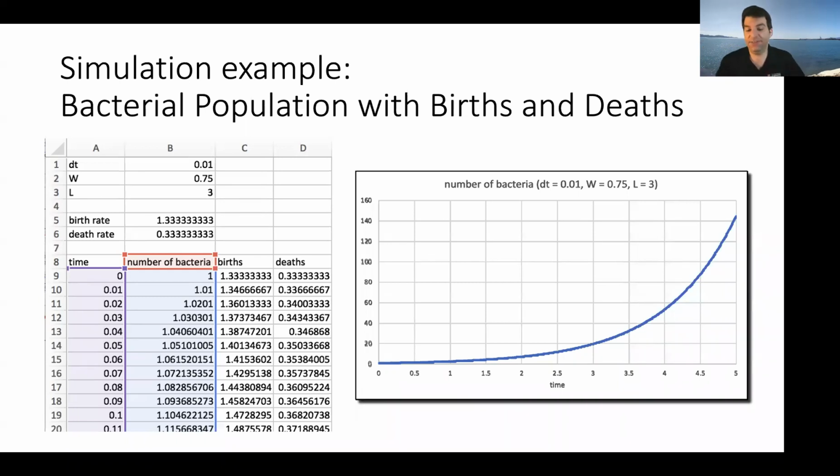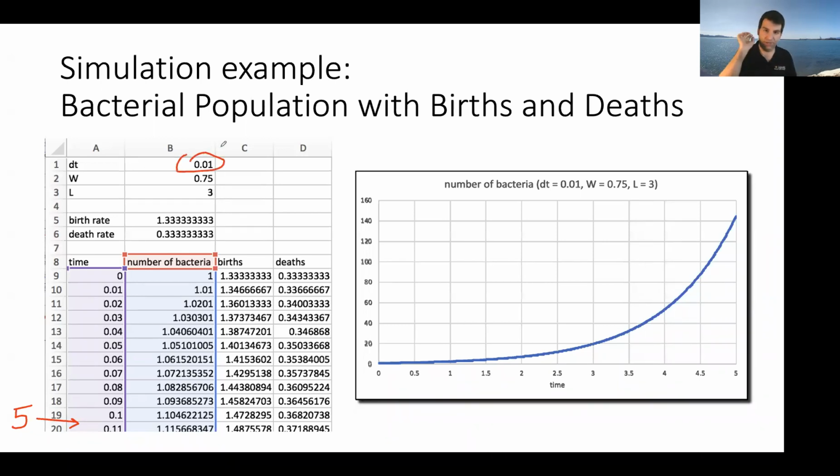There's a question, do we need to have 50 rows? That's an excellent question. You need to have as many rows as you need for this time variable to equal the duration that I asked you for, which I believe was 5. So in order for the time unit to be 5, you may need to have 50 rows, or you may need to have 500 rows. In this particular case, every row is only 0.01 time units.